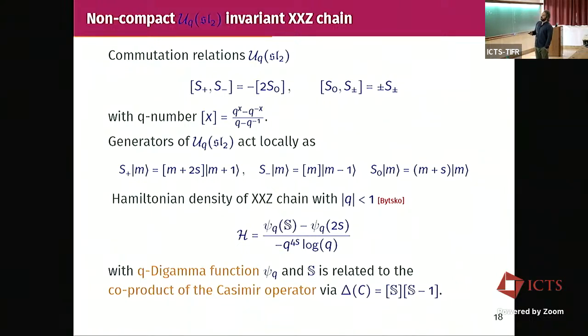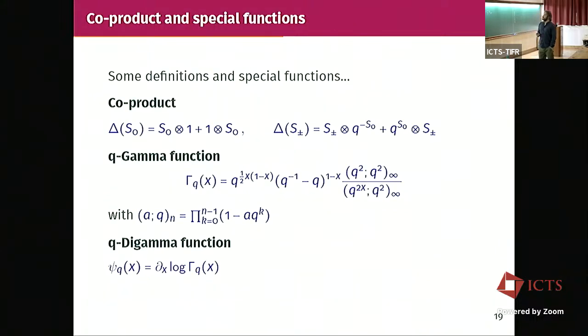This q-gamma function is probably defined on the next slide. S is related to the coproduct of the Casimir operator in the following way. The coproduct is a bit less trivial: we have a q dependence for the coproduct, which was not there in the rational case. And this is the q-gamma function, a definition that I'm using. The digamma function is then the logarithmic derivative of this q-gamma function.